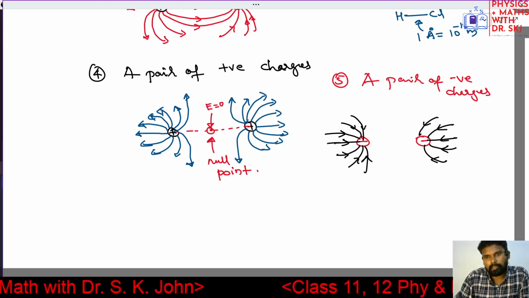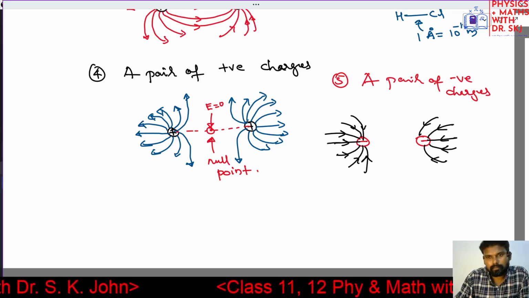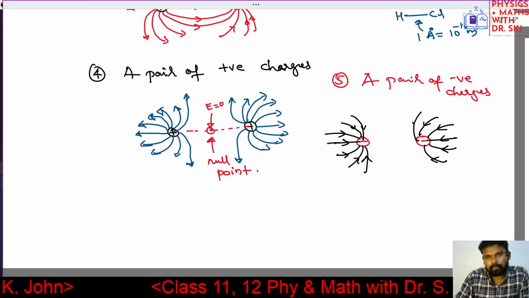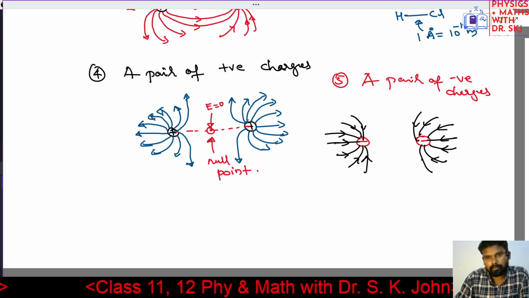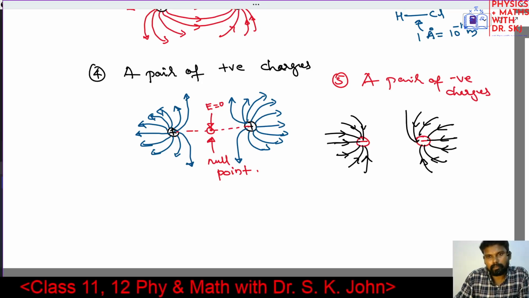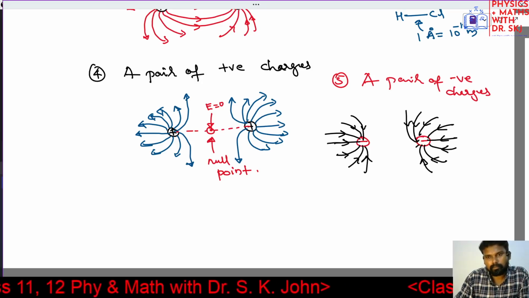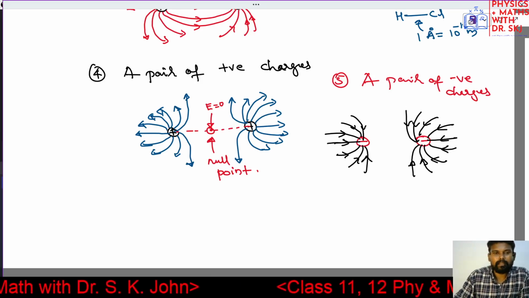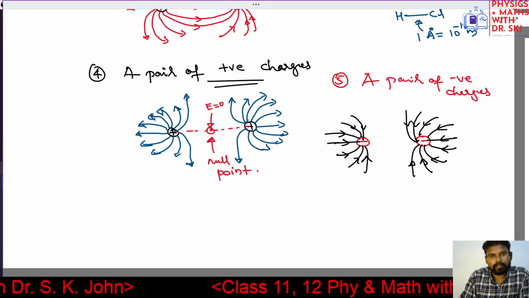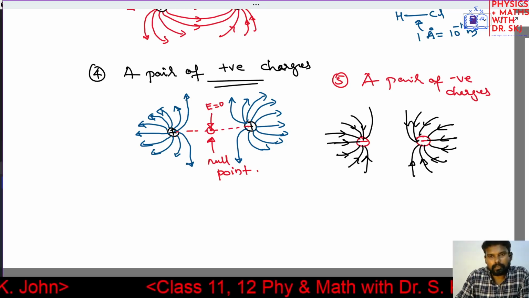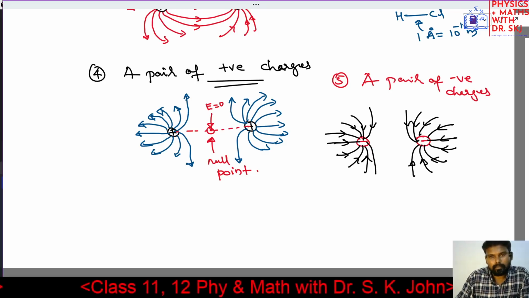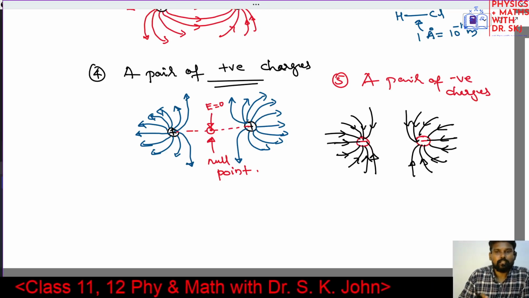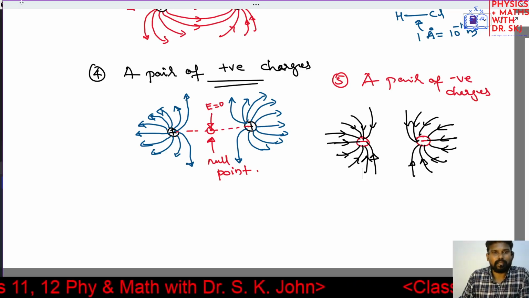The only difference between this diagram and the diagram of two positive charges is that the arrows are towards the charges because they are negative charges. Okay, so this is how we draw the electric field lines.